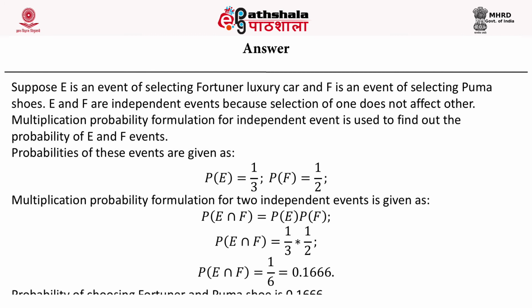The formulation for two independent events is probability of E intersection F, which is equal to probability of E into probability of F, and probability of E intersection F is equal to 1 by 3 into 1 by 2, and after solving we get the answer as 0.1666.